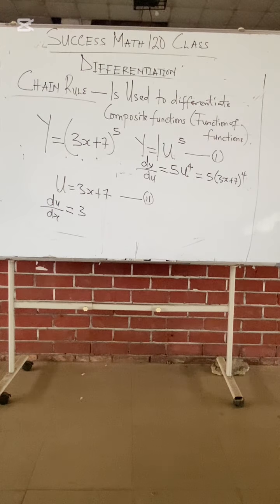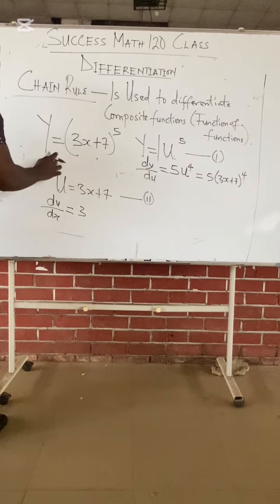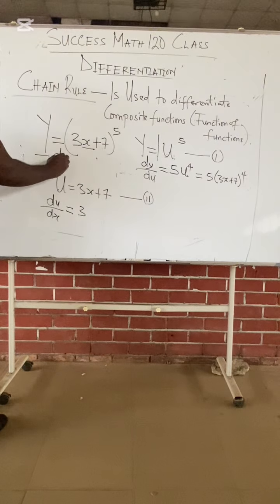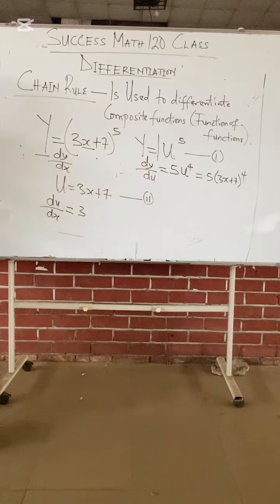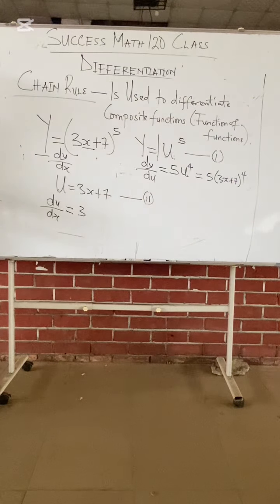So class, we have dy/du and we have du/dx. But what we are looking for in this question is dy/dx, because the question is y equals 3x plus 7 raised to power 5. We want to differentiate y with respect to x. But we have dy/du and du/dx.